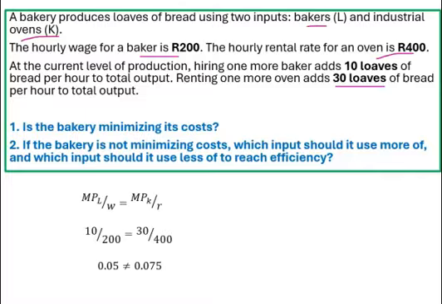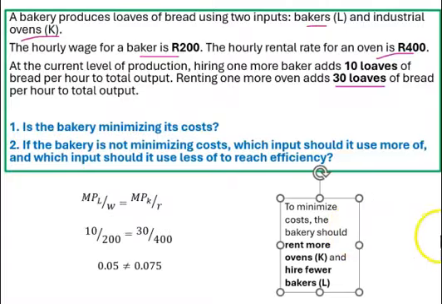To minimize costs, the bakery should rent more ovens because we're getting more output per money spent on capital. To minimize cost, the bakery should rent more ovens and hire fewer bakers.